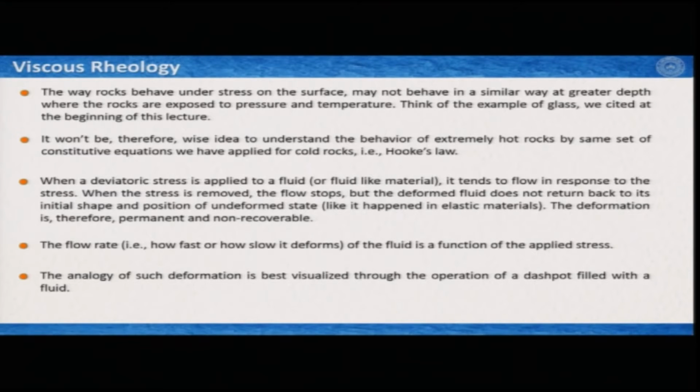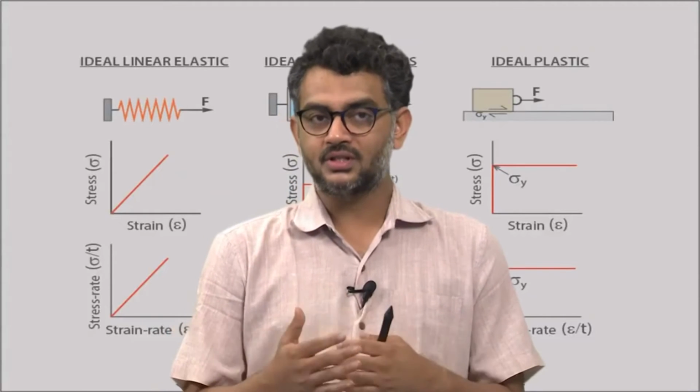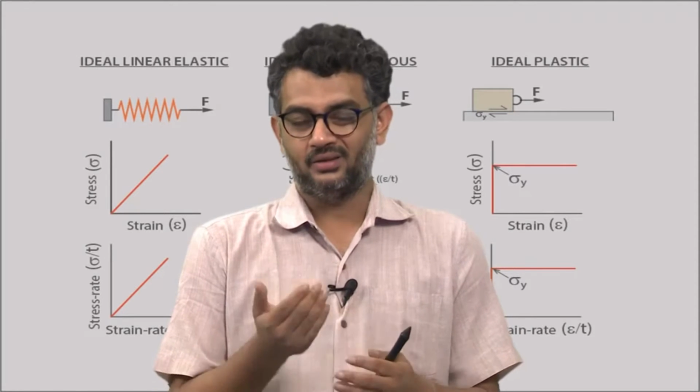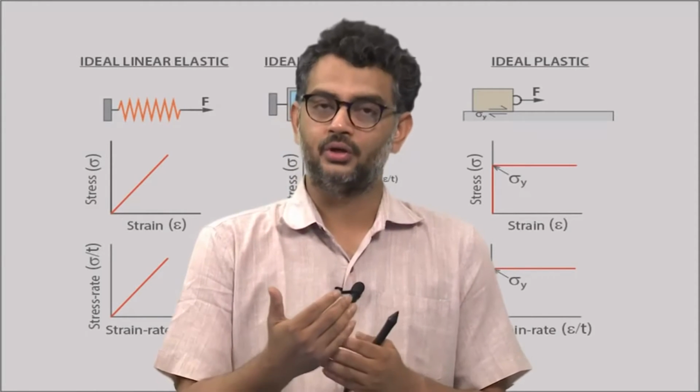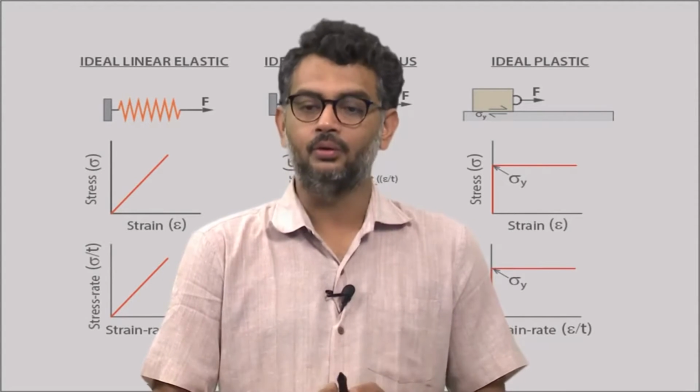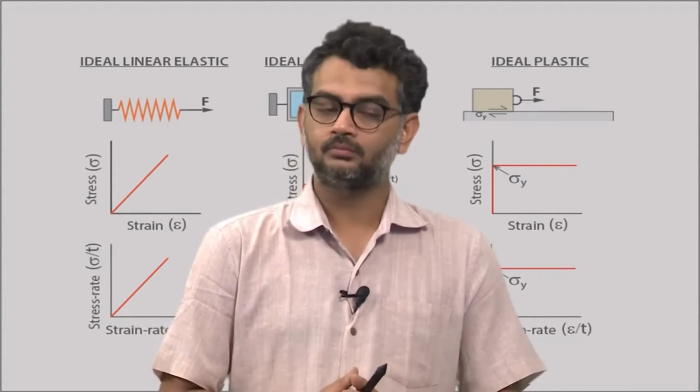In this case, when you apply a differential stress to these hot rocks, which we can now consider as a fluid or fluid-like material, at first it resists the stress you have applied, but it tends to flow in response to it.